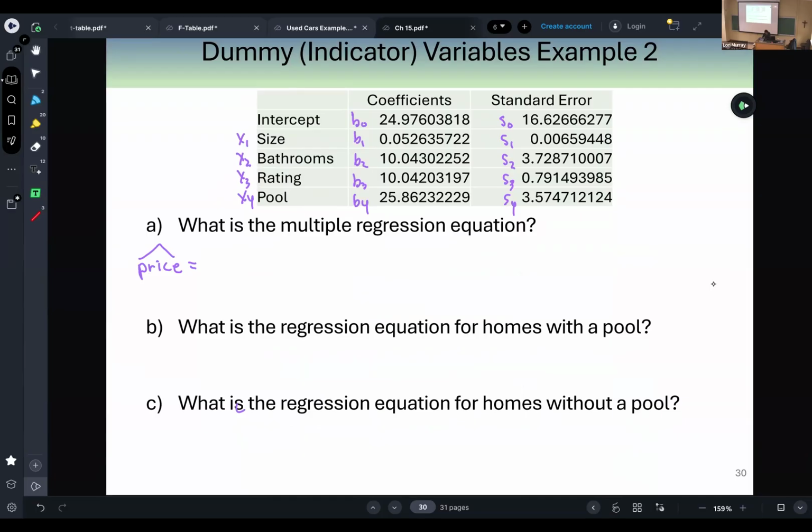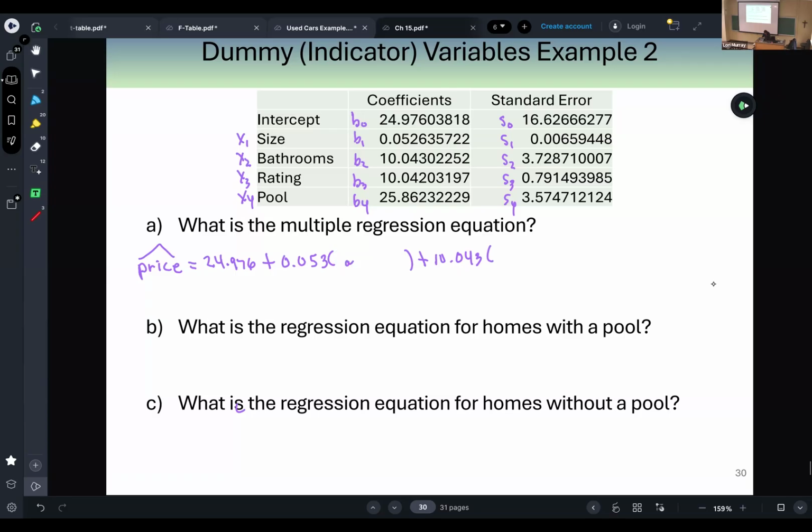The first one is going to be 24.976, plus 0.053 times bathrooms, plus 10.043 times, oh, that's size.